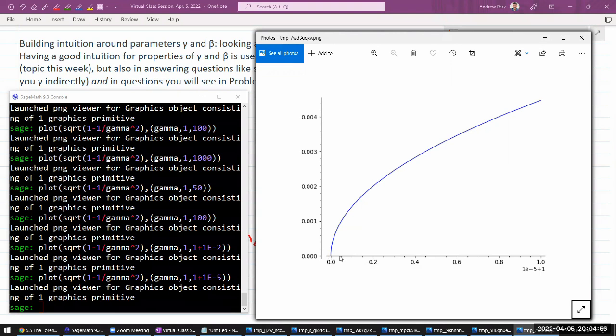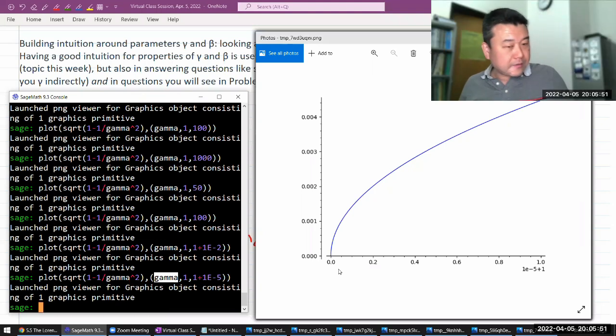As gamma increases a tiny bit over 1, your beta goes from 0. If this reminds you of a rotated parabola, that's because it is. The gamma factor relates to kinetic energy, and as you might remember, kinetic energy goes as 1/2 m beta c squared. So this is the low speed version showing the correspondence with the non-relativistic results that you are familiar with.